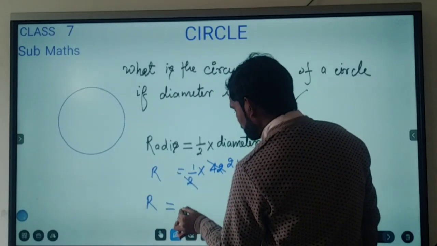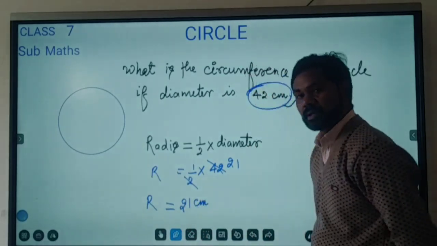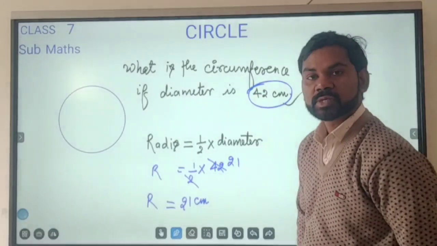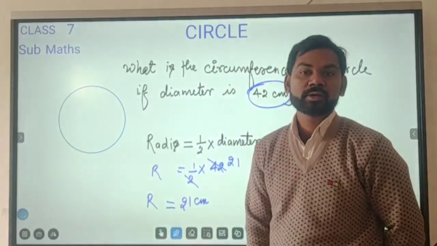Therefore the radius is 21 centimeter. Now we have found the radius.